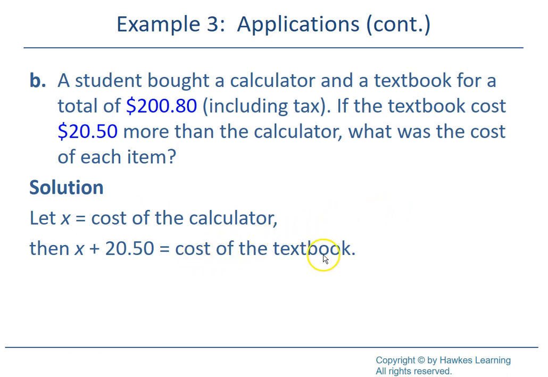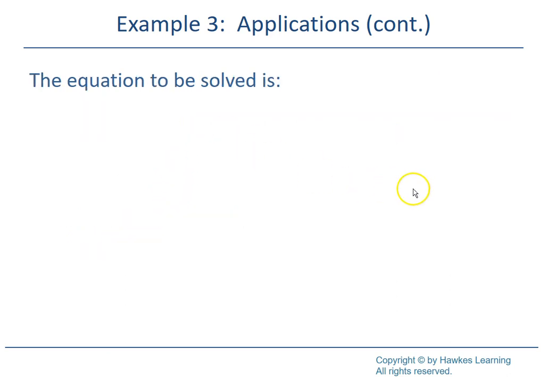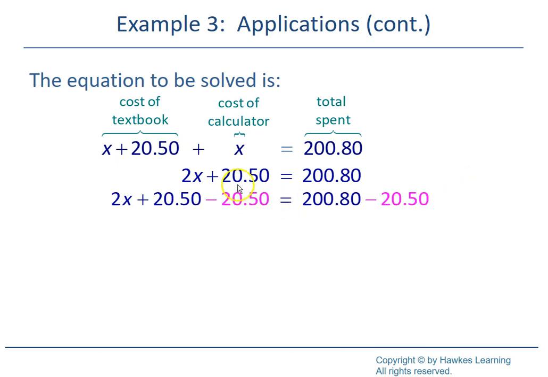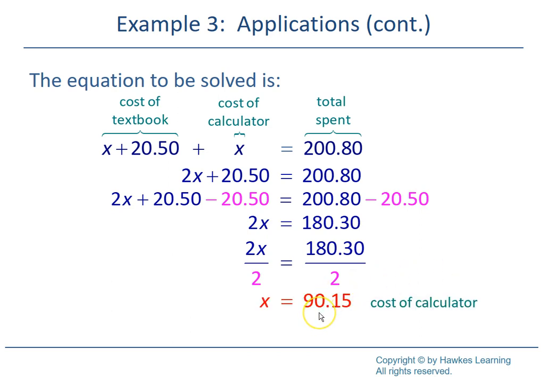So then the cost of the textbook is X plus the 2050 more than the cost of the calculator. Now the sum of these two things will be your total. So there's the textbook, there's the calculator, there's the total. Group like terms. Subtract the 2050 from both sides. Now divide by 2. There is the cost of the calculator.